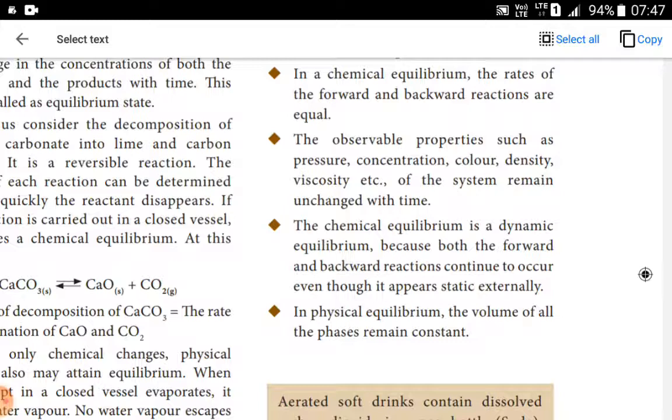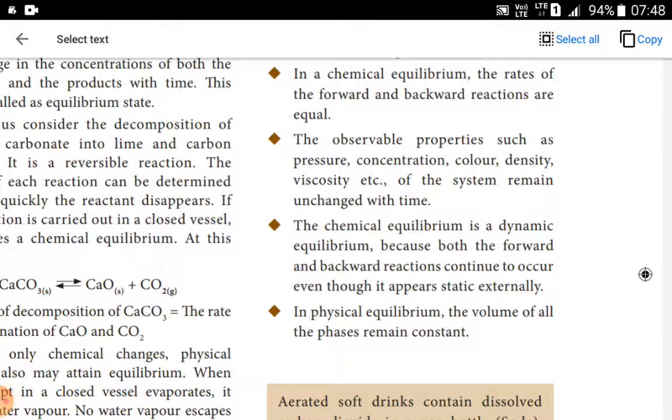Outwardly there will be a static position, but inwardly the reaction takes place in this stable, balanced process. That is called a dynamic equilibrium. Then in physical equilibrium, the volume of all phases remains constant, that is, the volume of water is equal to the volume of gaseous water vapor.